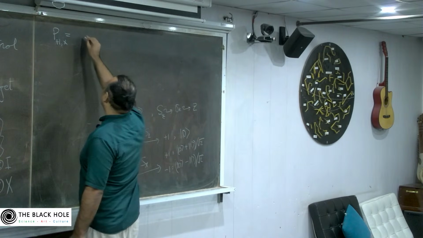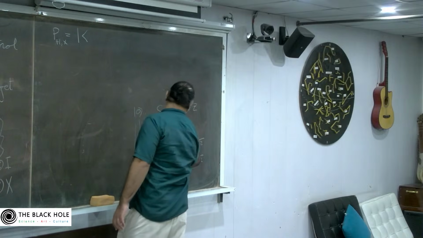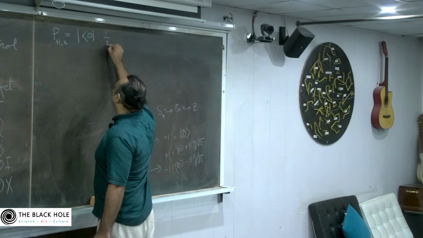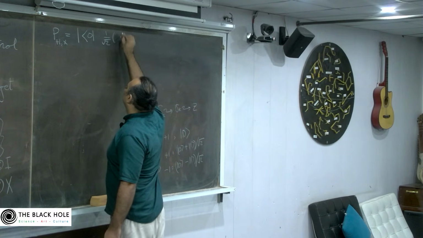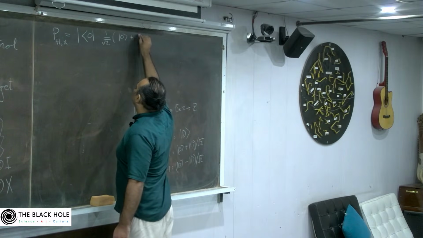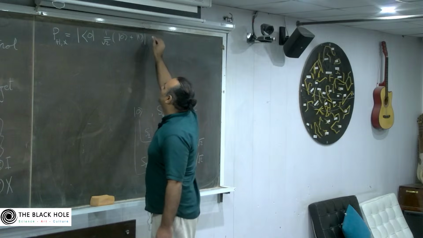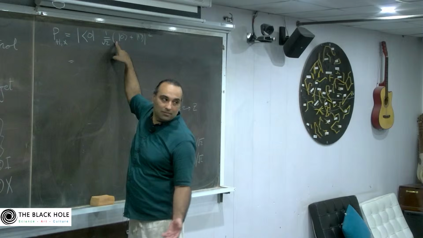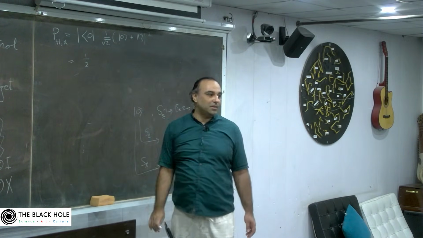That would be this state projected onto this, and it only picks this part, the other one is 0, so by scaling you get 1/2.